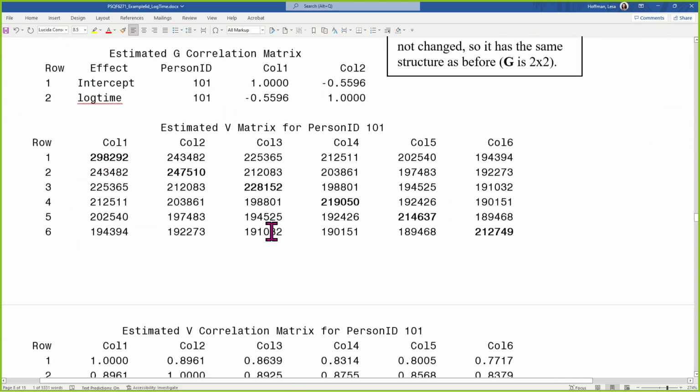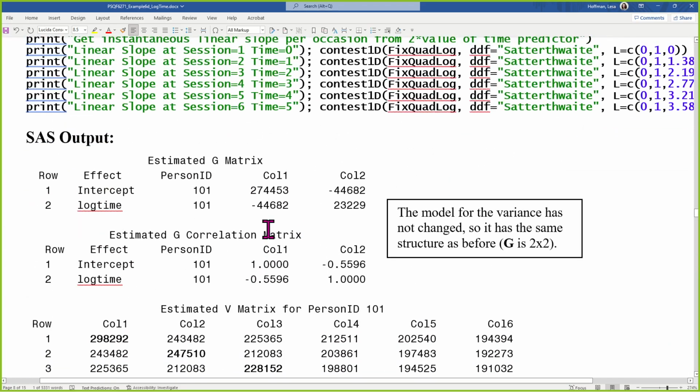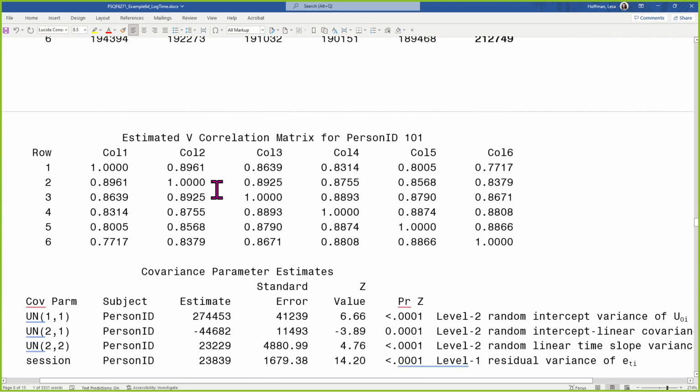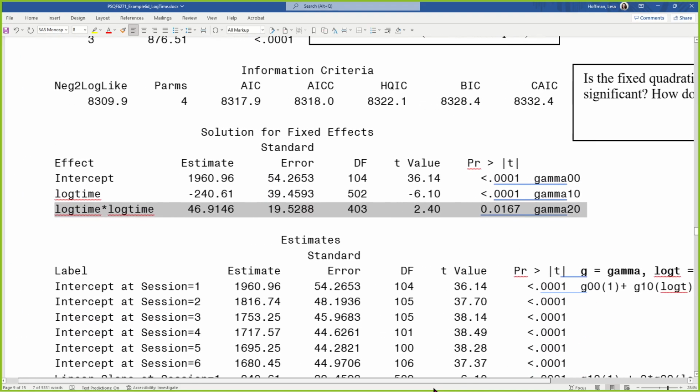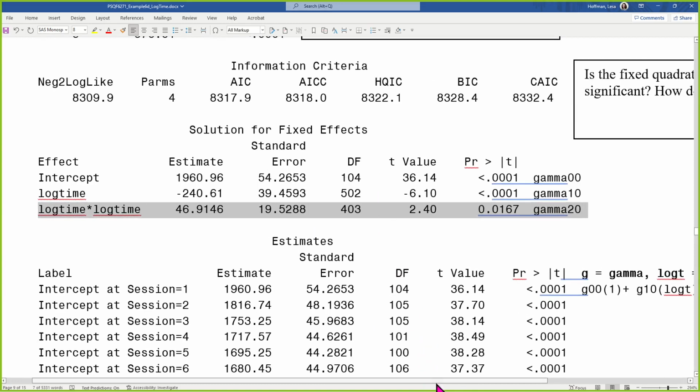So here's what happens. We still have our 2 by 2 G matrix because we haven't changed the variance side of the model yet. And lo and behold, it actually did help a little bit. So even though our previous test told us that our model was sufficient with a contrast of 4 degrees of freedom, adding one of them back nevertheless improved the model.